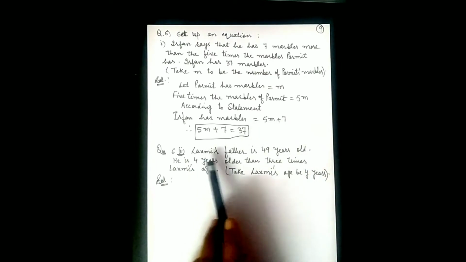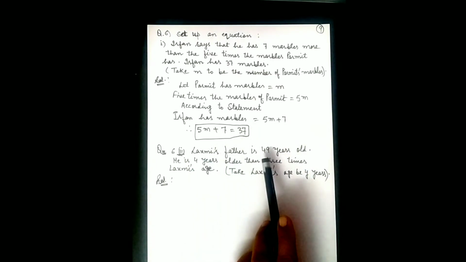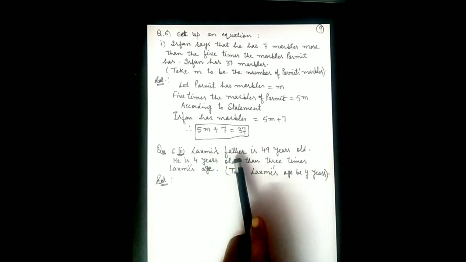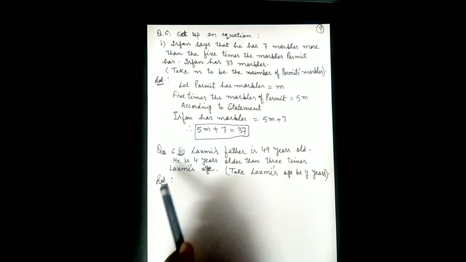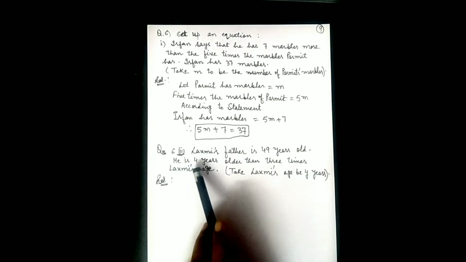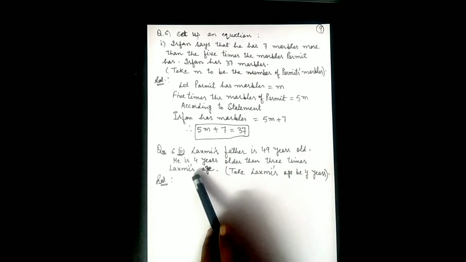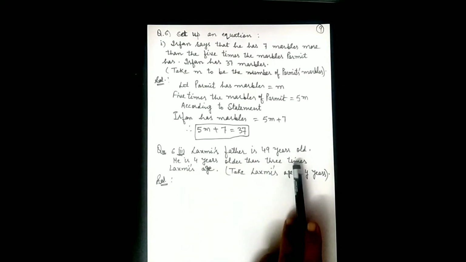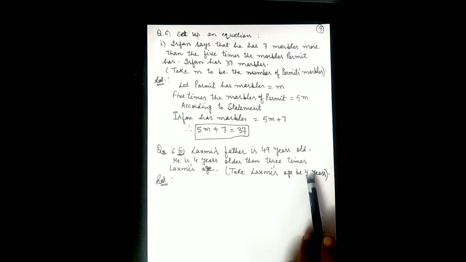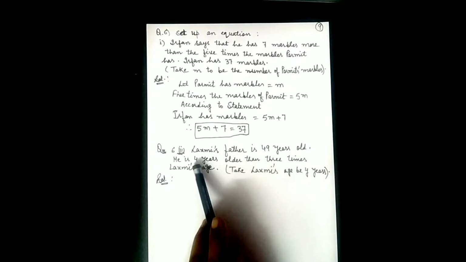And the age of Lakshmi's father is 49 years. It is given. But what is the relation between Lakshmi's father's age and Lakshmi's age? Lakshmi's father's age is 4 years older than 3 times Lakshmi's age. Clear? 3 times means 3y. 3y, 4 years older. 3y plus 4.